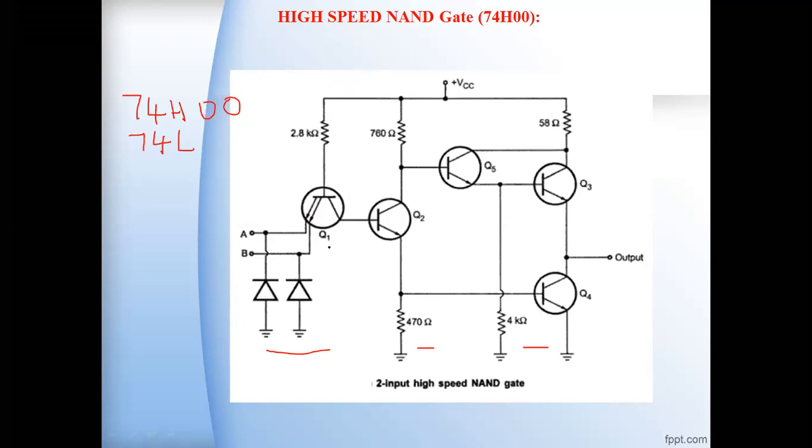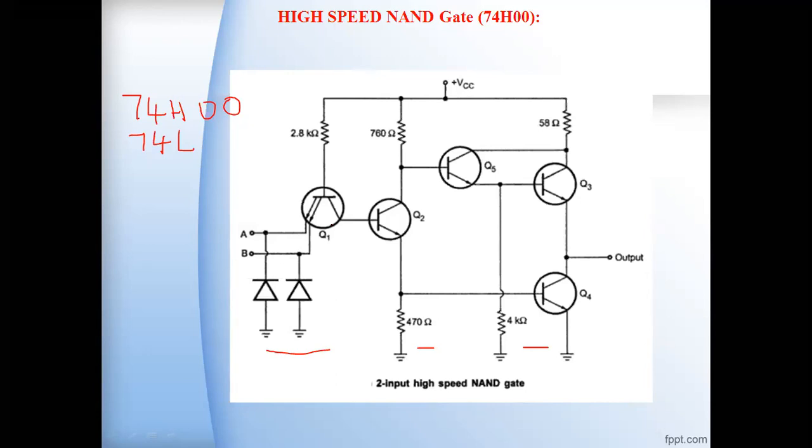The NAND gate is obtained by inverting the AND gate output, which realizes the NAND function. Instead of Schottky diodes, this was the first 74 series gates. In the morning session, we discussed the TTL logic family that came after the 74H and 74L.